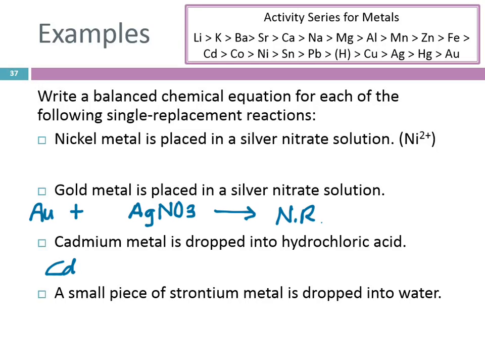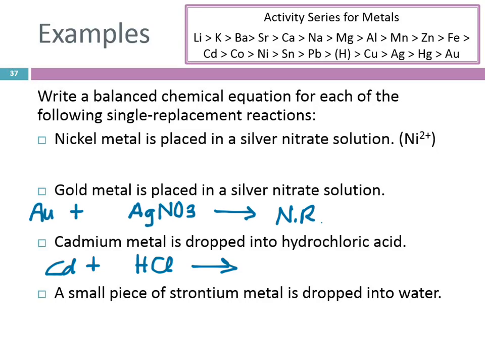Cadmium metal in hydrochloric acid, HCl. Is that going to react? There's cadmium, there's hydrogen. Cadmium is more active. So how do we predict what the product's going to be?